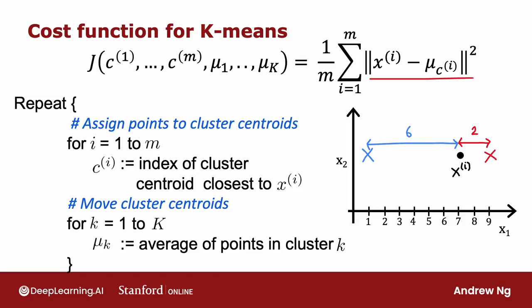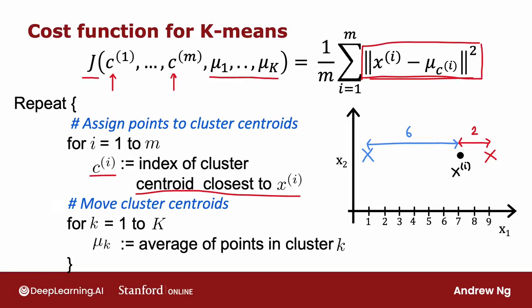So if you want to minimize this term, you would take Xi and assign it to the closer cluster centroid, which is exactly what the algorithm is doing up here. So that's why the step where you assign points to cluster centroids is choosing the values for Ci to try to minimize J without changing mu1 through mu k for now, but just choosing the values of C1 through Cm to try to make these terms as small as possible.